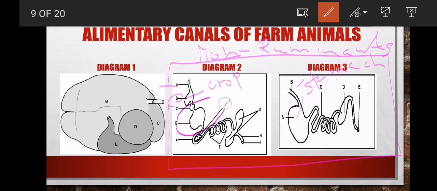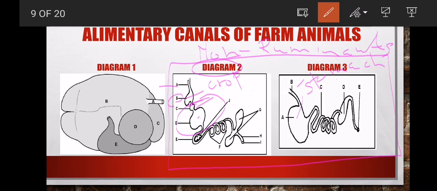We focus on these stomachs. We say it's one stomach, but that is divided into 2, whereby the first one is the proventriculus. The second one is the ventriculus. I will highlight the other names that are given, which are the glandular stomach and the gizzard. Okay, fine. So when you look at this one, in a fowl, there is one stomach that is divided into 2.